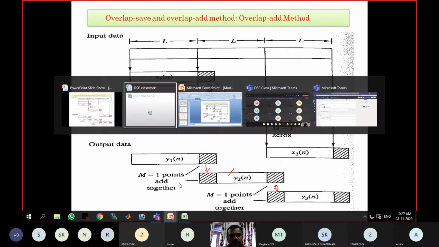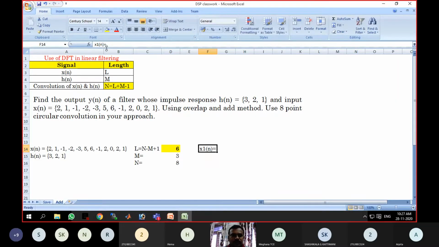So I need to fetch 6 L elements from the original: 2, 1, minus 1, minus 2, minus 3, and 5.